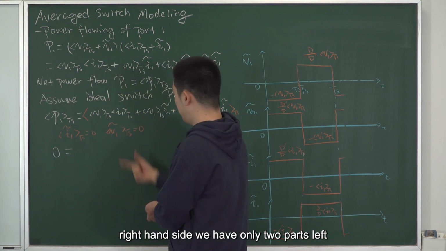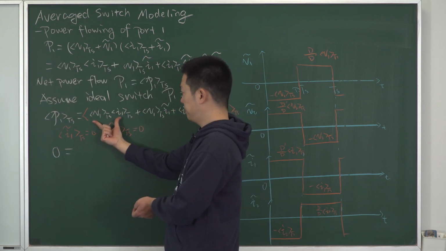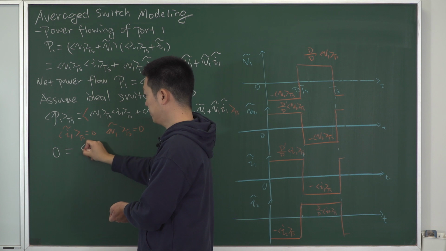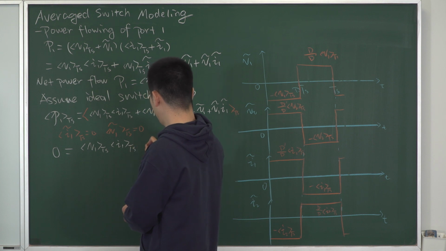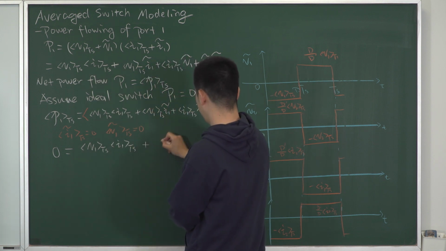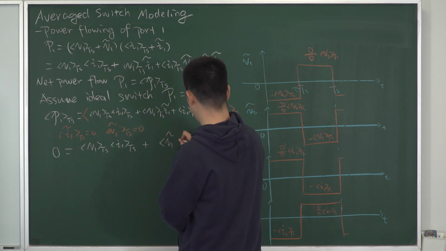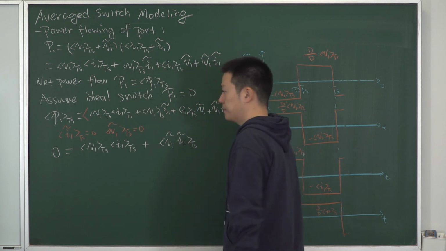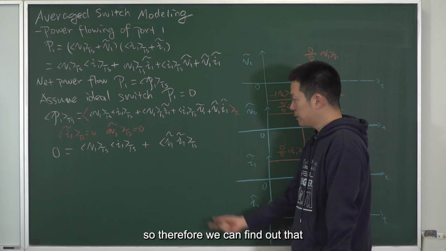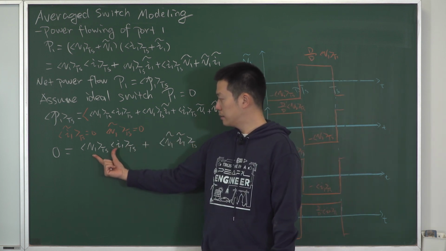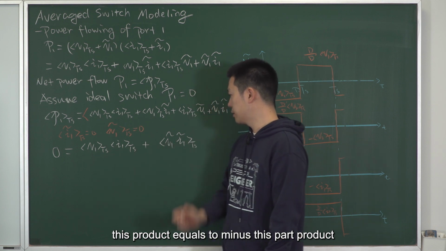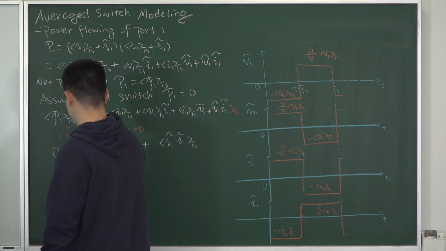Right hand side, we only have 2 parts left. So therefore, we can find out that this product equals to minus this product.